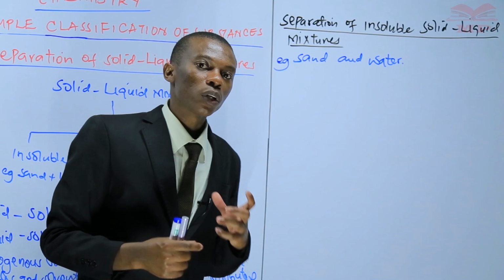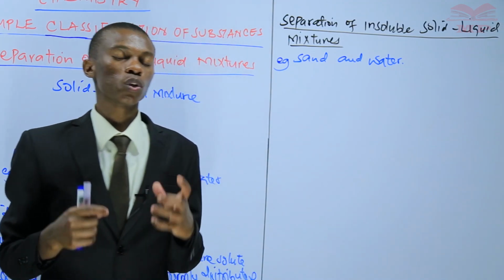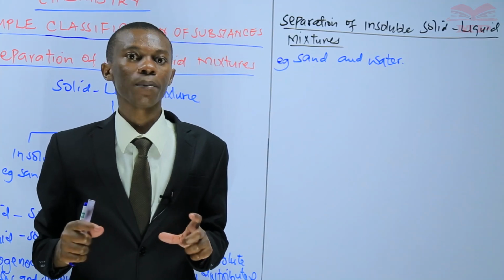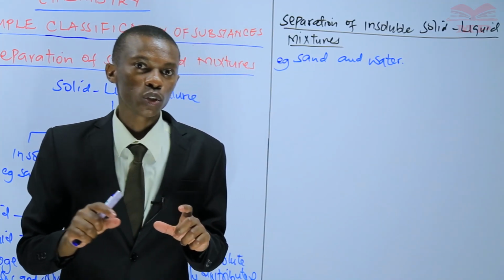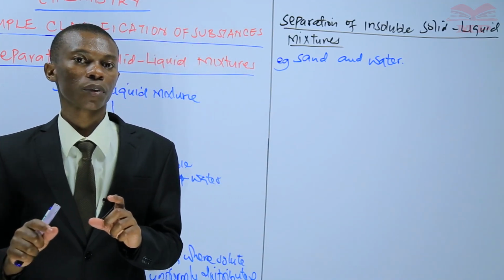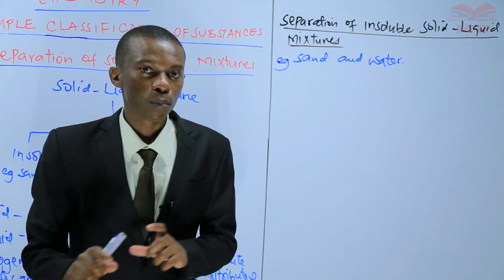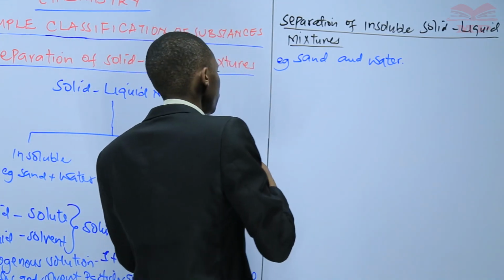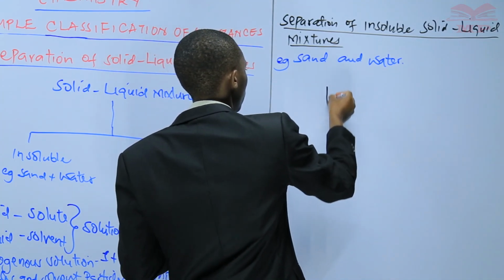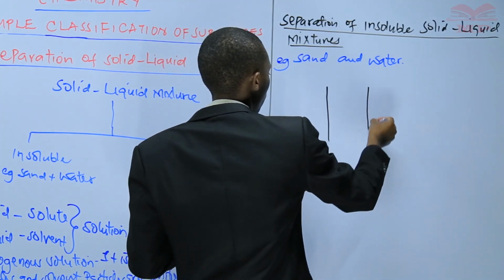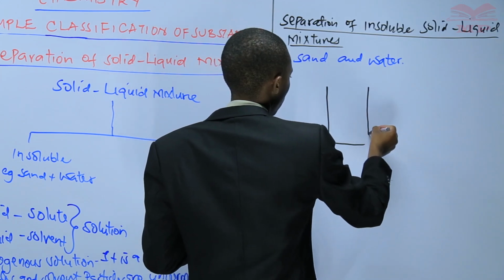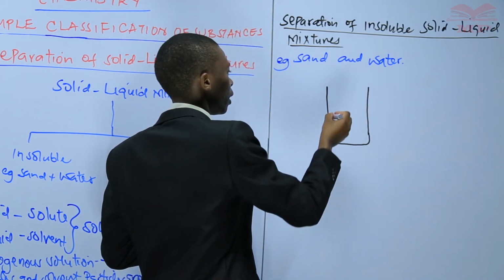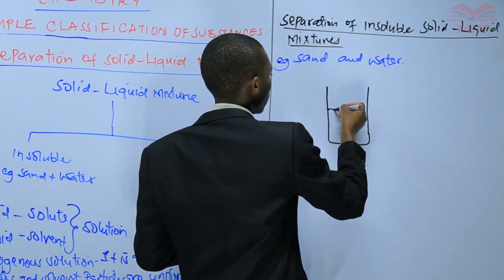If you put sand in water and stir, it is not going to dissolve, and when you leave it for some time, the sand is going to settle at the bottom of the water. It will be like this. This is a beaker. This beaker has water.